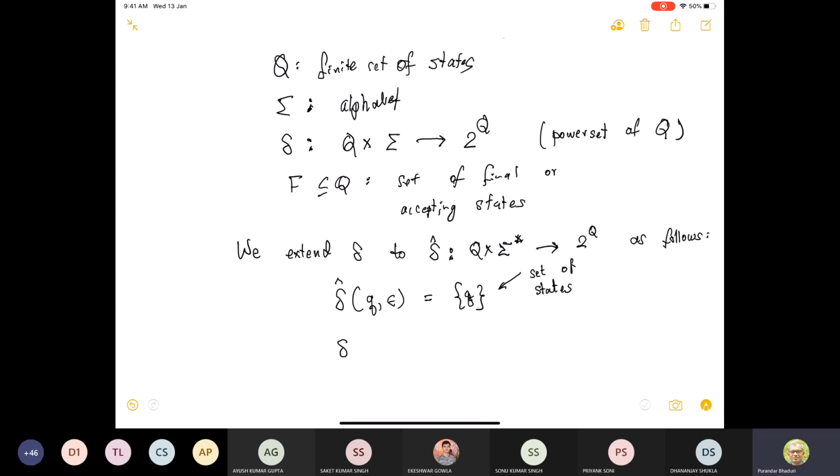And delta hat of Q, UA. Okay. Here U is a string in sigma star, and A is a symbol, following our convention, right? So what is that?